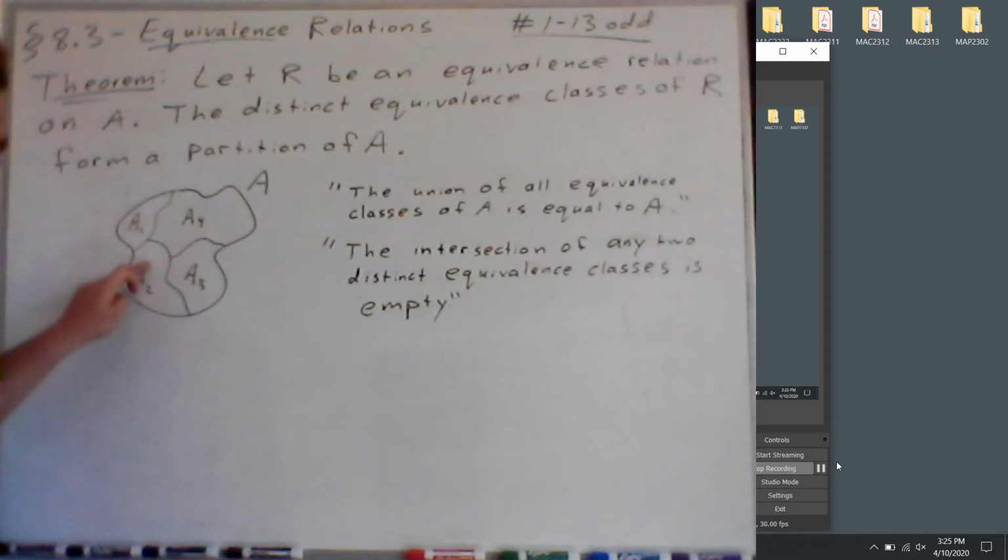The intersection of A1 and A2 is the empty set, but the union of A1, A2, A3, and A4 is exactly A. And so that's just a really nice way of defining what we call a partition.